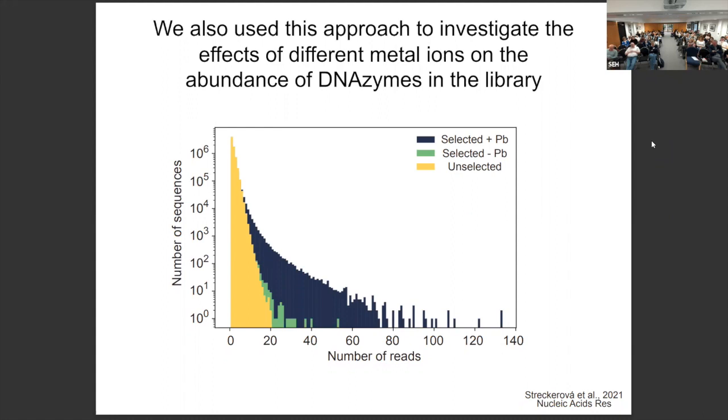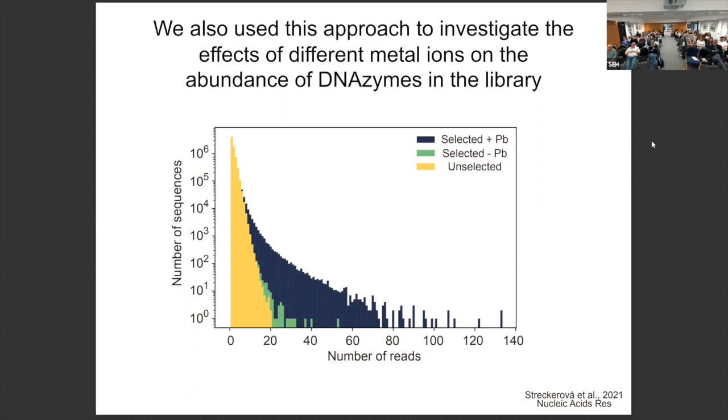So we performed two single-step selections for RNA-cleaving deoxyribozymes. The first one was performed in the presence of lead, and the second was performed in the absence of lead. And as you can see, both of these selections yielded enriched sequences. We confirmed that some of these enriched sequences were catalytically active, but a kind of interesting observation is that the distributions are different.